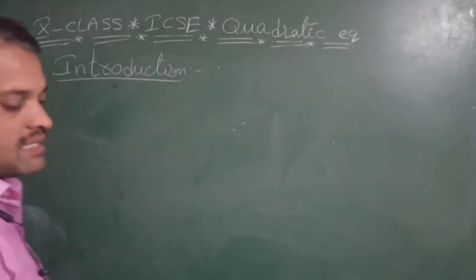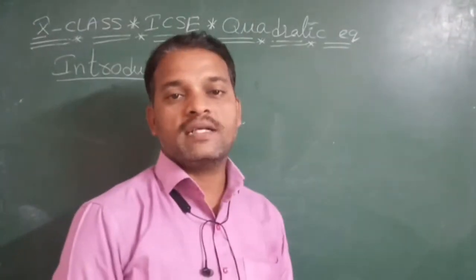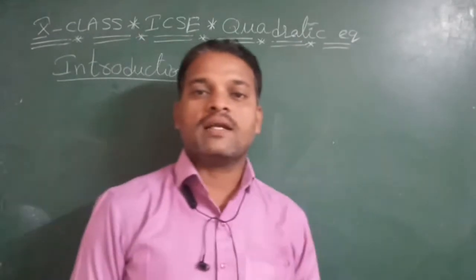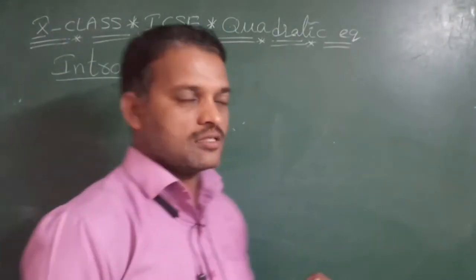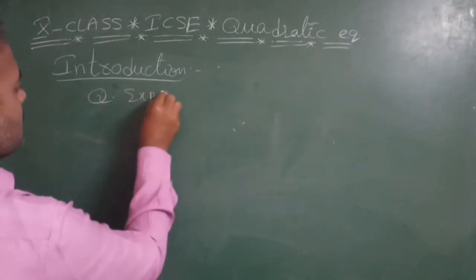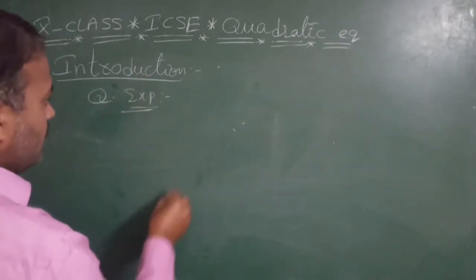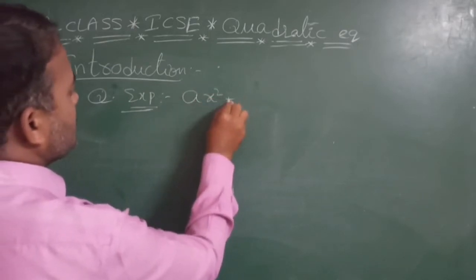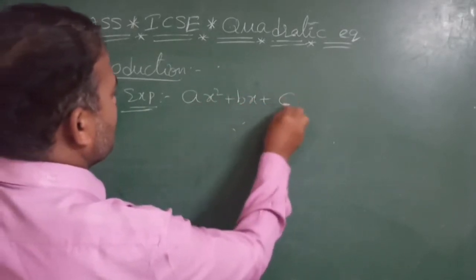First of all, what is the definition of a quadratic equation? Before explaining that, what is a quadratic expression? Suppose we have ax square plus bx plus c.